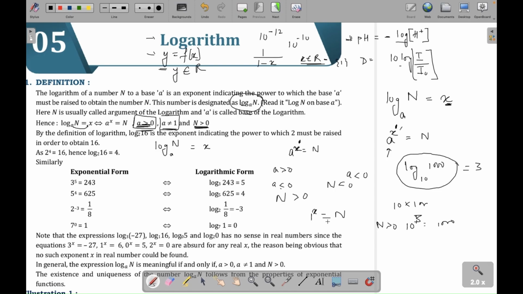So this does not make sense, and that is why we exclude 1 as well. So the first thing is a should be greater than 0. The second thing is a should not be equal to 1. The third thing is n should be greater than 0.